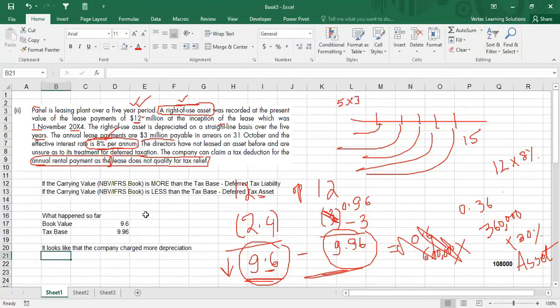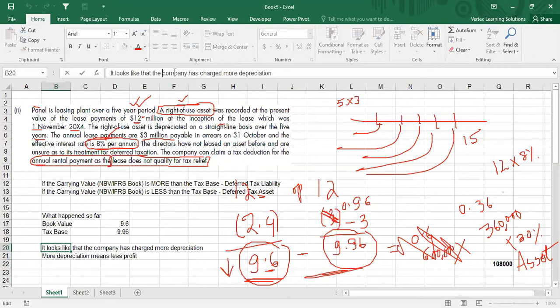Why is the book value less? Because more depreciation has been charged. More depreciation means less profit. Or I should say that it looks like IFRS depreciation is more.